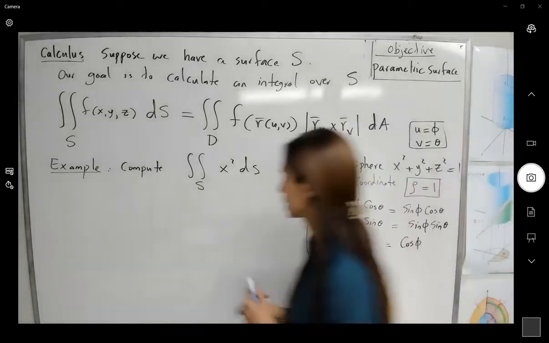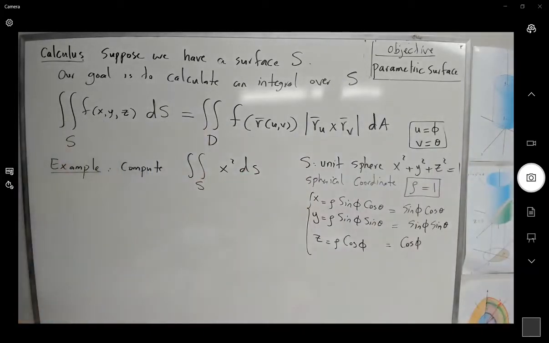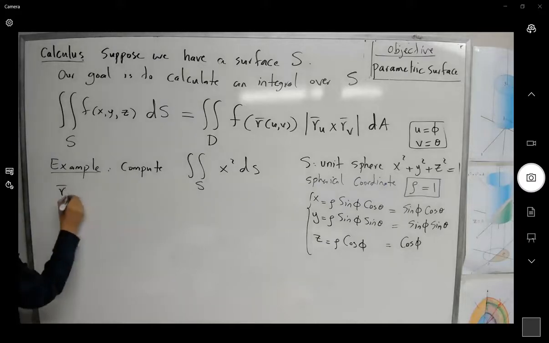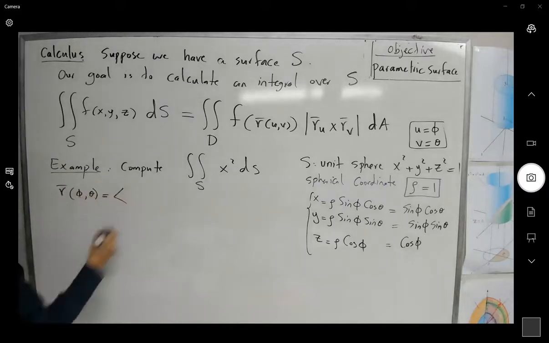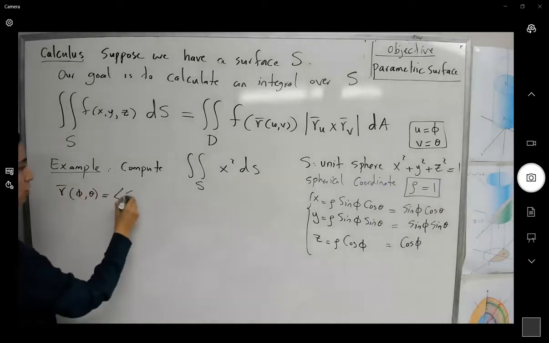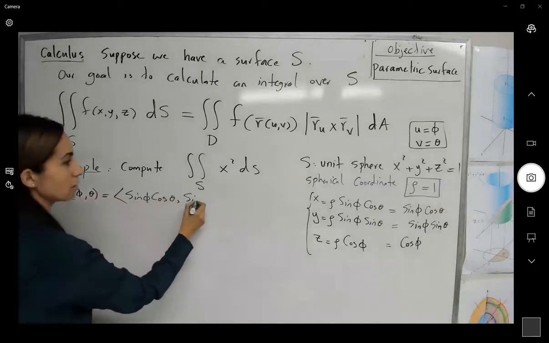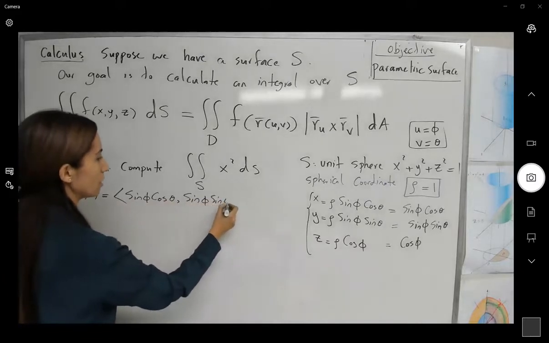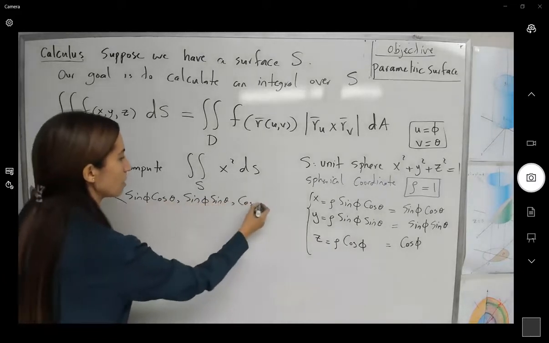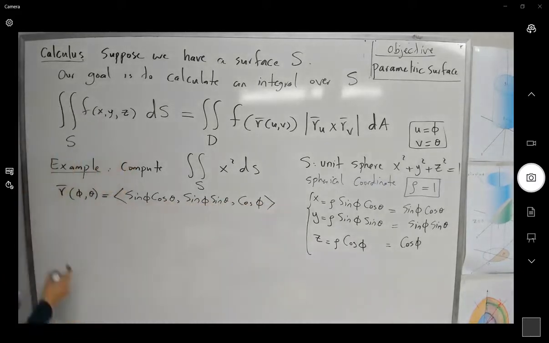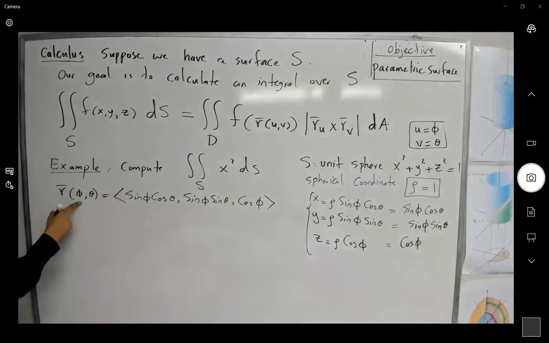Well, let's do the calculation. Your r of phi and theta is equal to, well, the components sine phi cosine theta, sine phi sine theta, and cosine phi. So let's take the partial derivative with respect to phi.